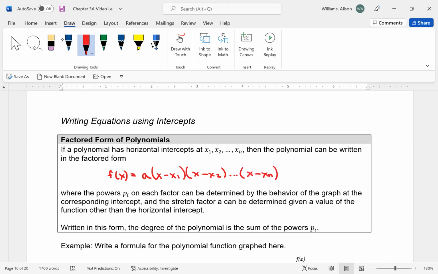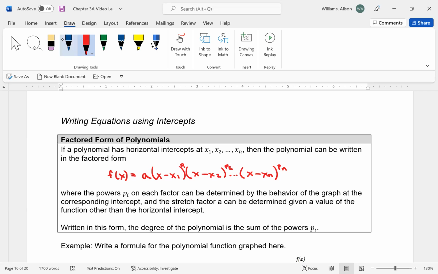Now they could have multiplicities, like of 1, 2, 3, 4. So technically we have powers for each of these: p sub 1, p sub 2, and p sub n. So they all could have individual powers. The powers might be a 1, they might be a 2, right? It just depends on the multiplicity of the factors of intercepts.